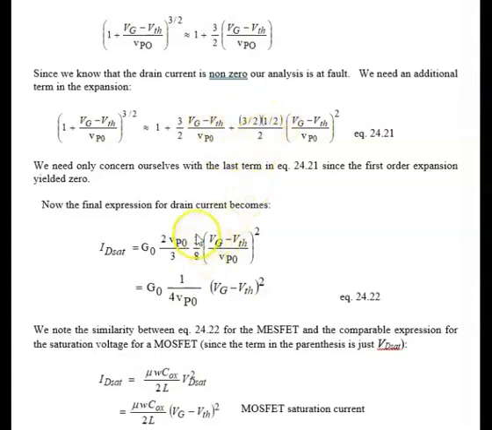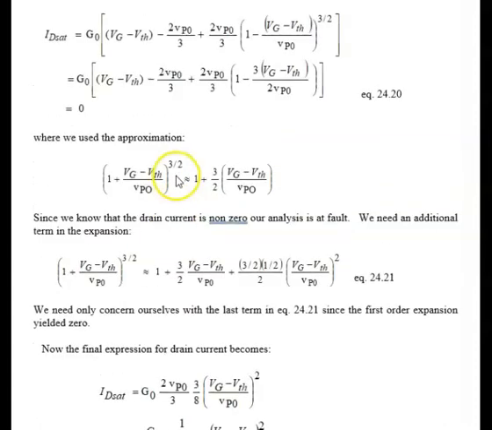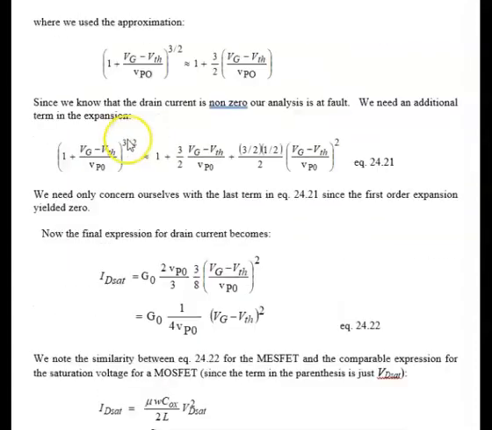That's where we get the 3/8, and we get a square term. Now we also substitute for the second G0, and here we get equation 2422, and that is exactly what we expect in the saturation region.